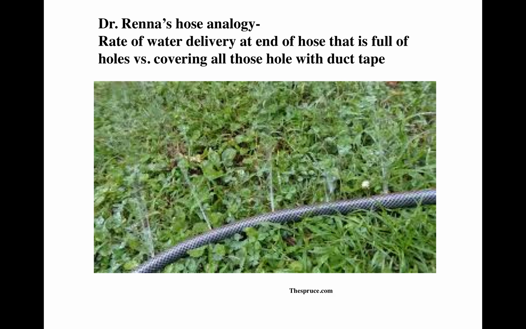Okay, now myelin would be as if you are covering up most of these holes, not all of them, because you still have to have some exchange at the nodes. But most of these holes in the hose are covered up by duct tape. And when you do that, now your flow at the end of that garden hose improves dramatically.